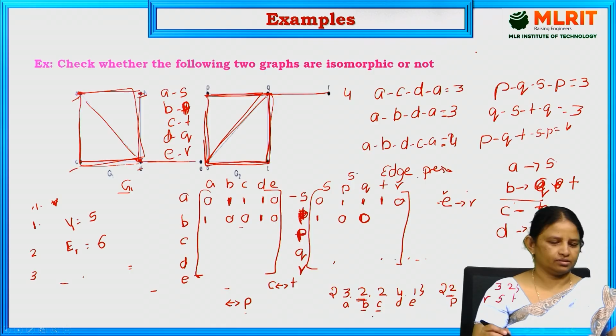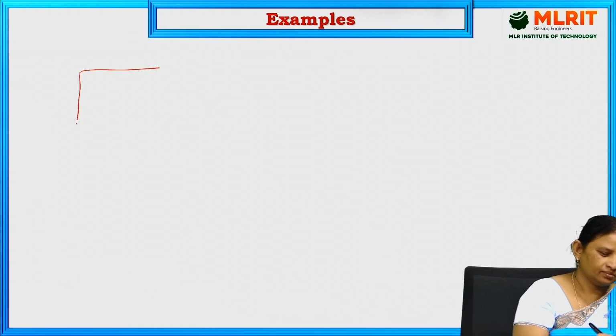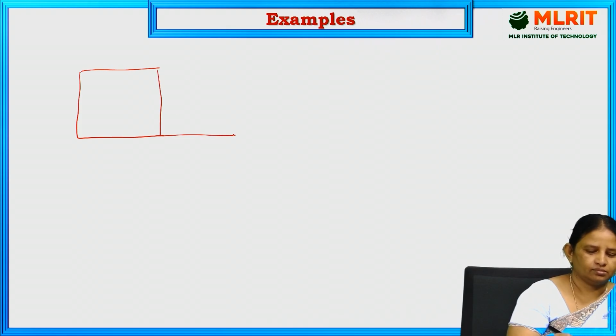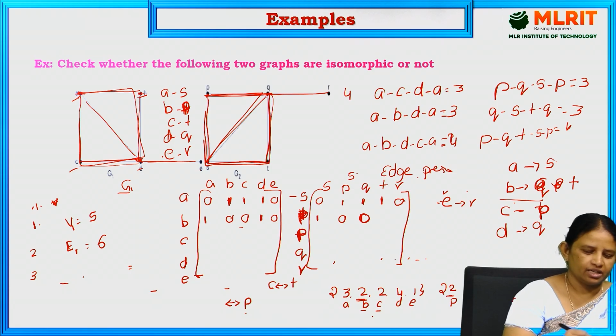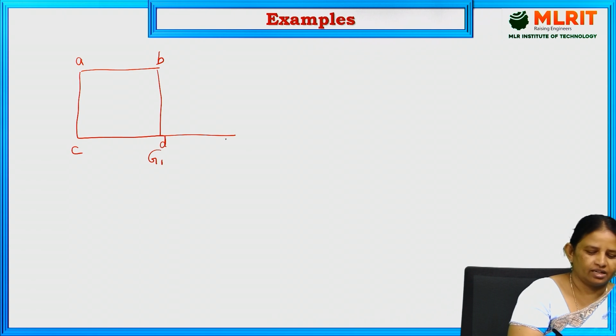So I'll do it. Here this is G1. Construct adjacency matrix. Second one is ABCD, ABCD for clear understanding.